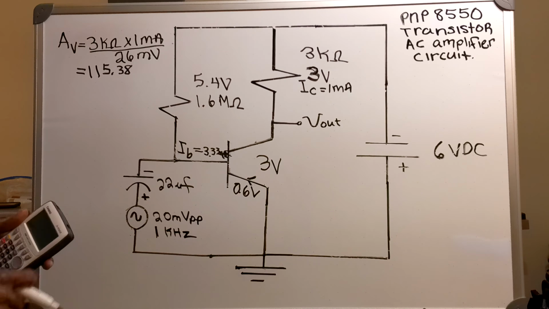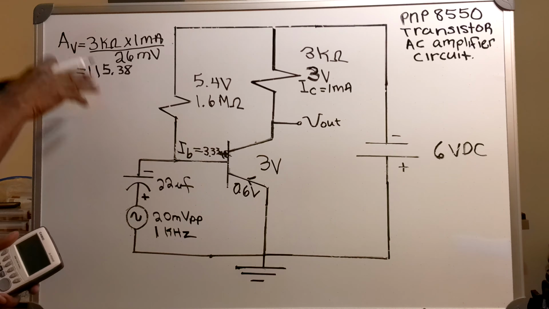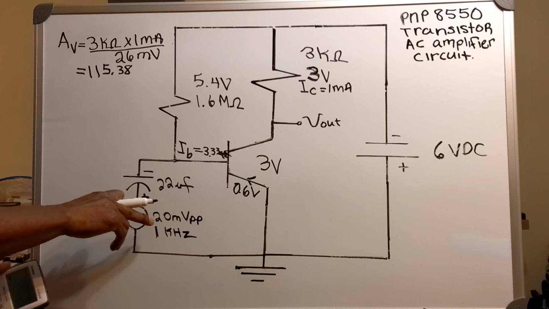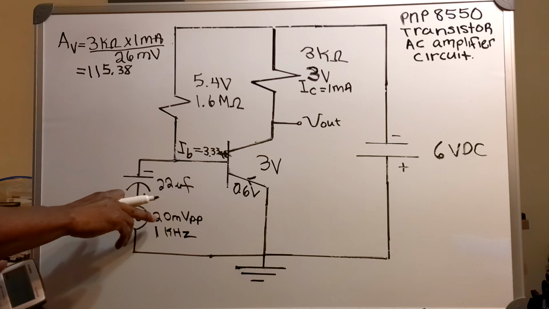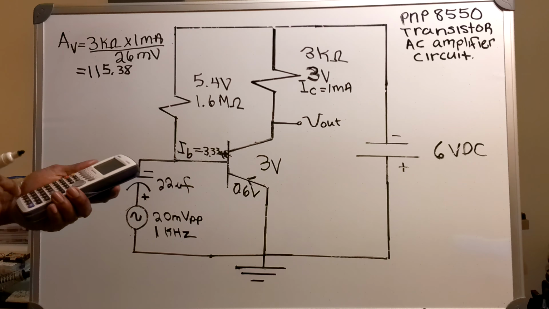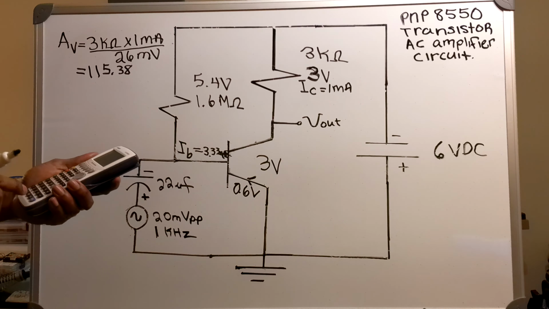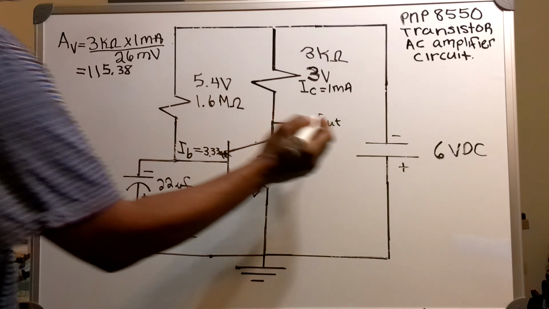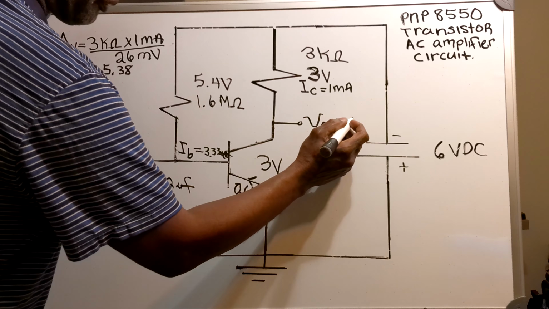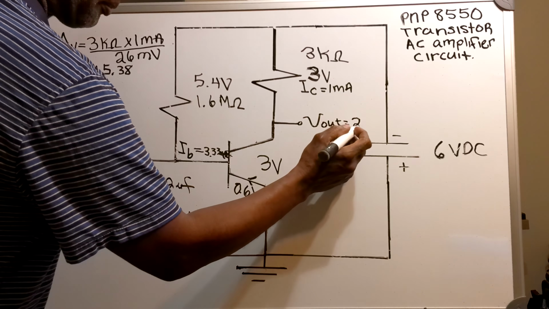So now the question becomes, what do I do with the 115.38? Well, I multiply it by my 20 millivolt peak-to-peak input. So my Vout will have a peak-to-peak output of 2.3 volts.